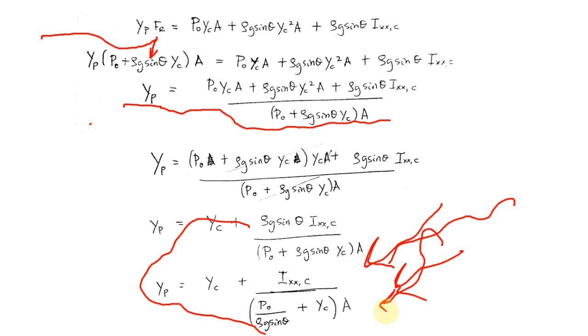So yp is equal to yc plus Ixx about the centroid. So this is for a general surface. Whatever plate you have, this analysis can help you to find the resultant force and also the center of pressure.